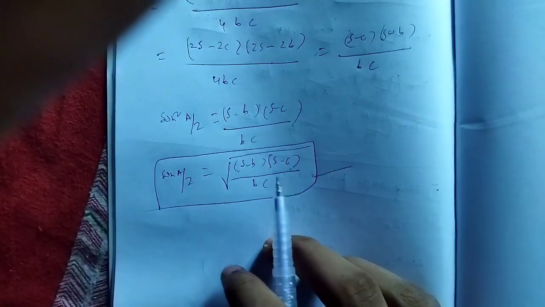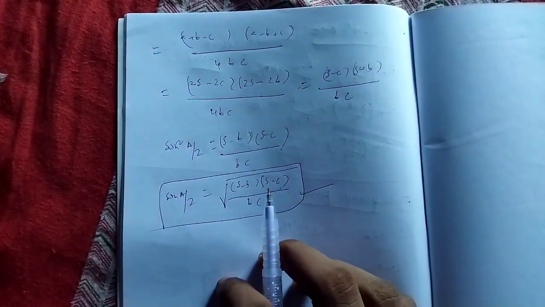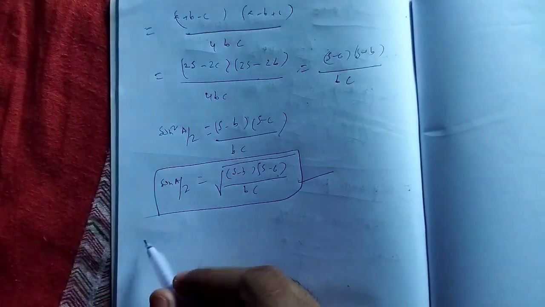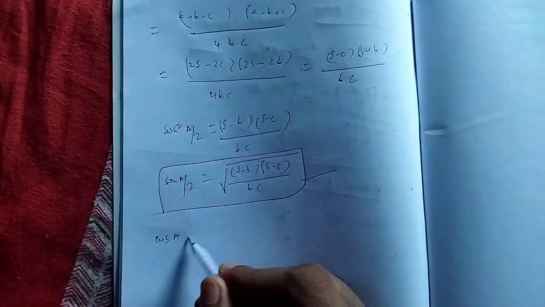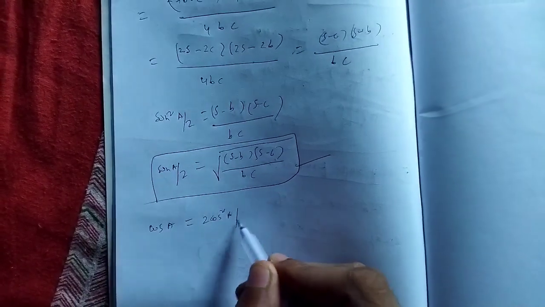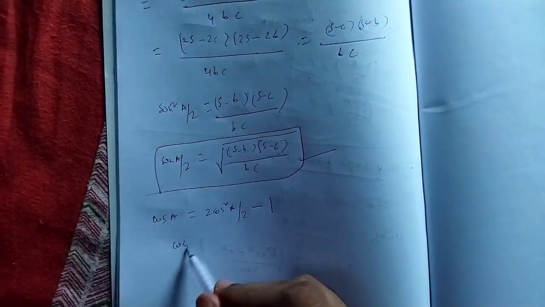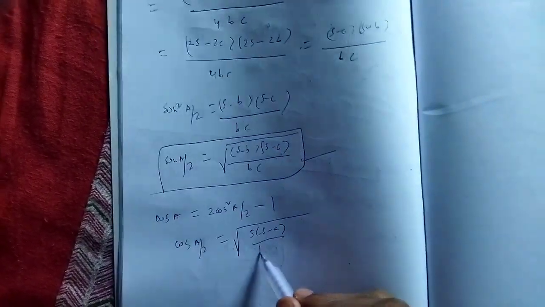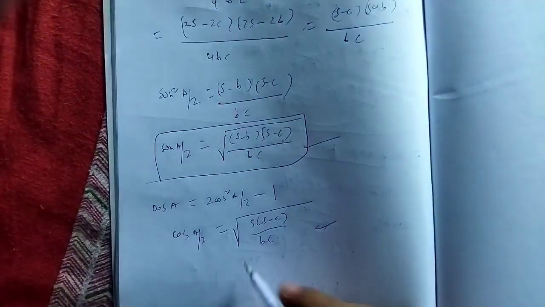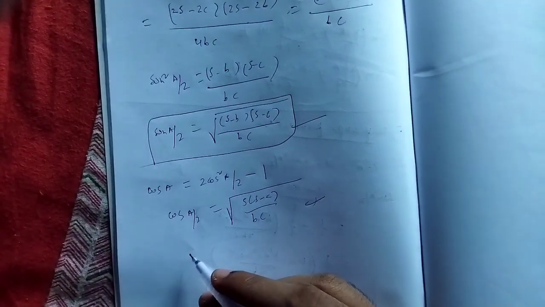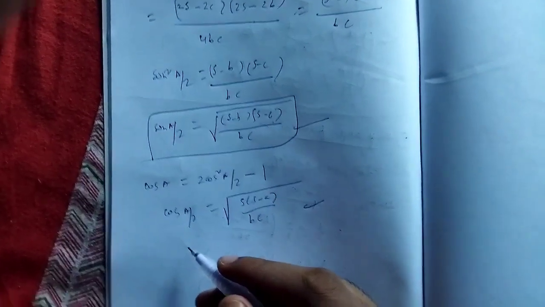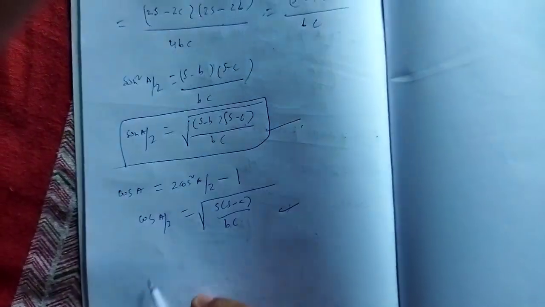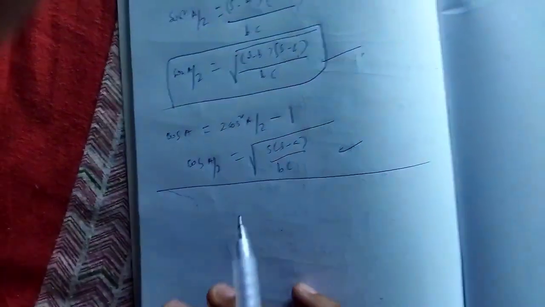Similarly, we can prove sine B/2, sine C/2, and using another formula of cos A, 2 cos square A/2 minus 1, we can prove cos A/2 as root over s into (s minus a)/bc. And similarly, we can prove sine B/2, cos B/2 and cos C/2, right? You can see these formulas, and we shall write down all the 6.